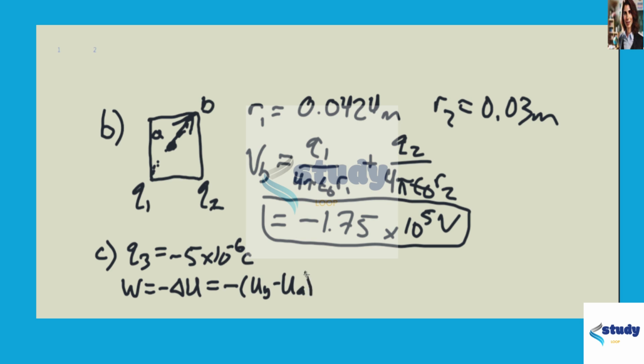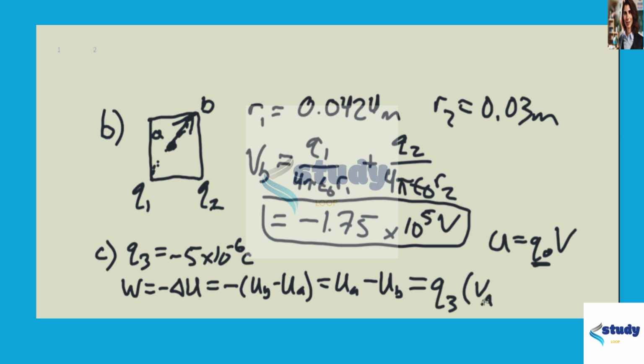Okay? So this will simply be equal to UA minus UB. And now we just remember that U is equal to Q naught V, where Q naught is the charge that we're considering moving or changing potential energy. So this will simply be equal to Q3, since that's what's moving, times VA minus VB.